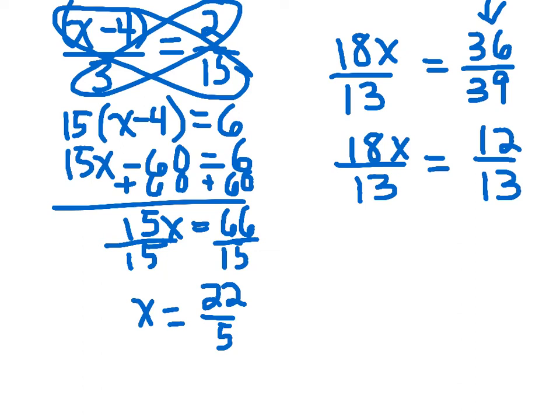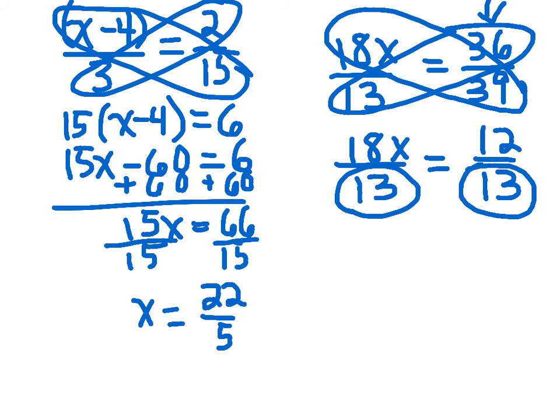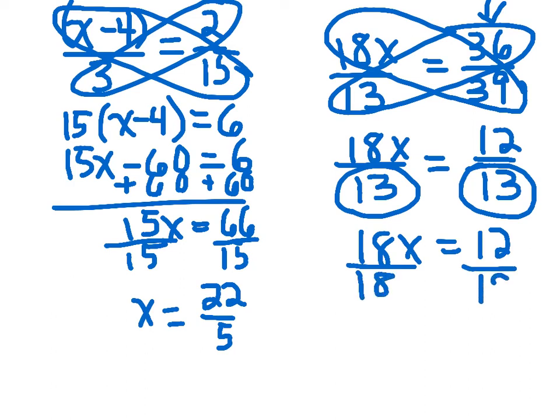That's easier than multiplying 18x by 39 and 36 by 13. But in this situation, since these denominators are the same, that means that 18x equals 12. So x is equal to 2/3.